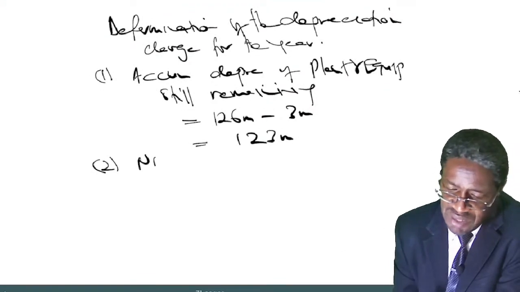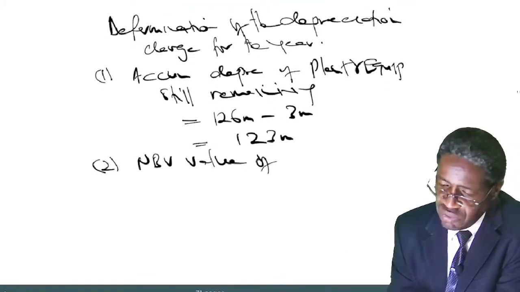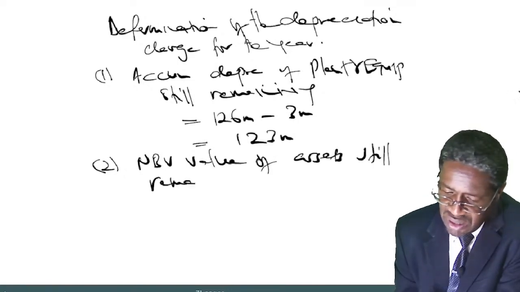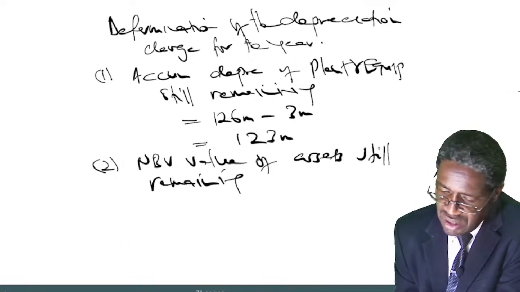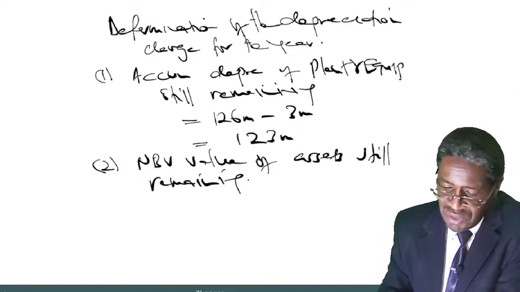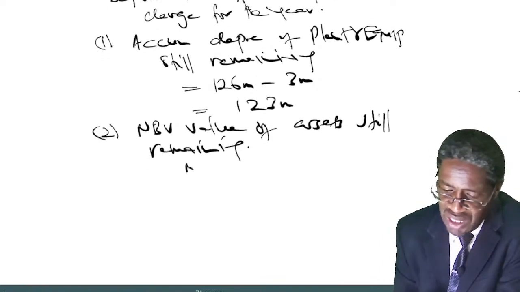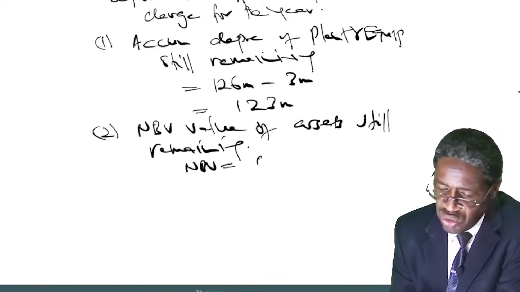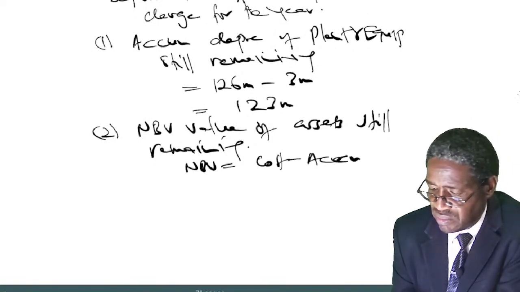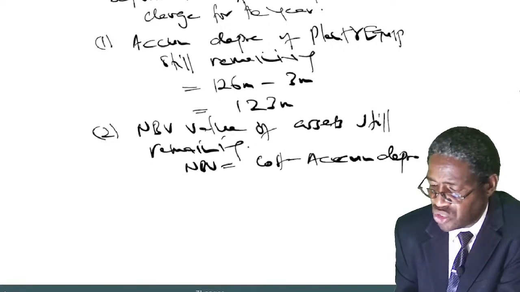I want to determine the net book value of assets still remaining. Net book value equals cost minus accumulated depreciation.